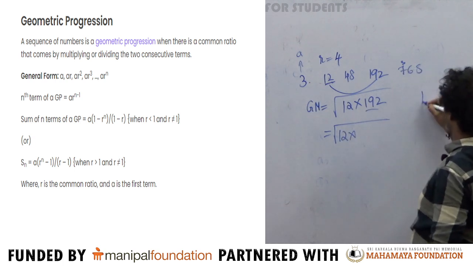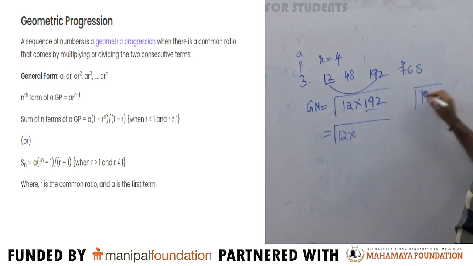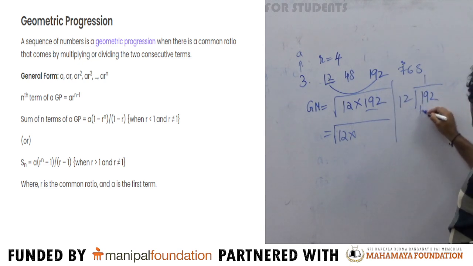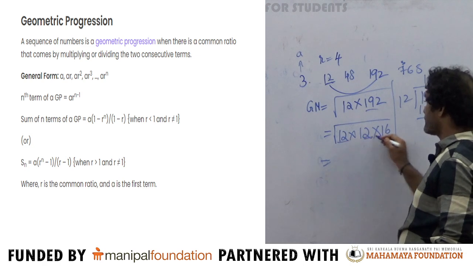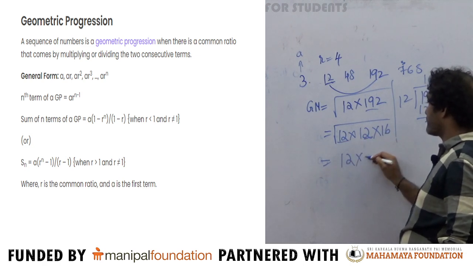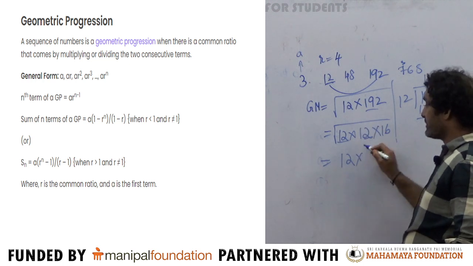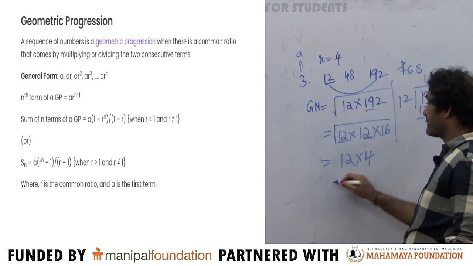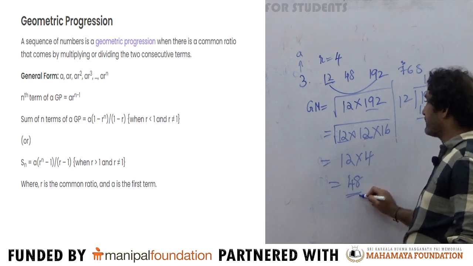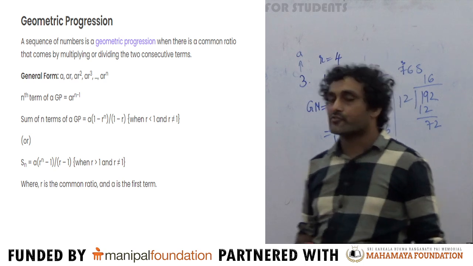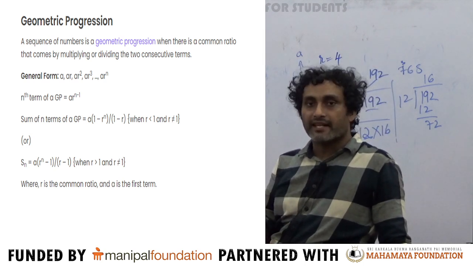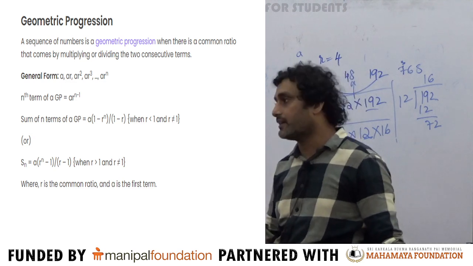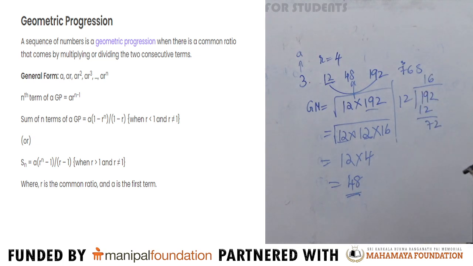Can you express 192 as 12 into something? 12 into 16 is 192. So the root of 12 squared into 16 is 12 into 4, which is exactly 48. Isn't it the middle number? So geometric mean is root of A into B. Done. Is that okay? Can you copy this example?